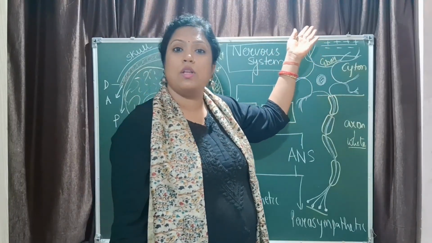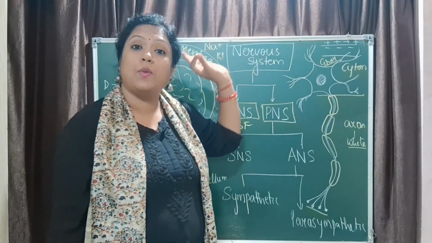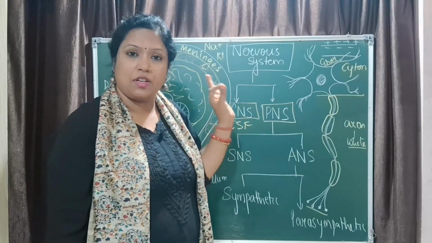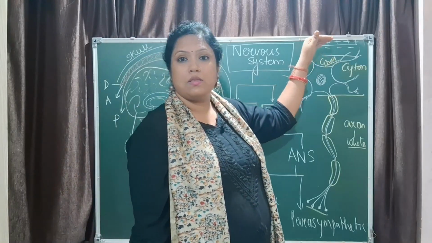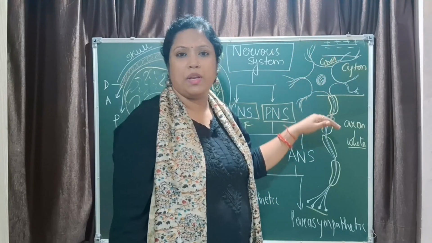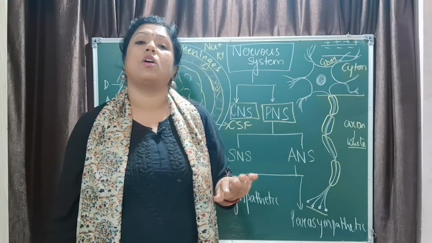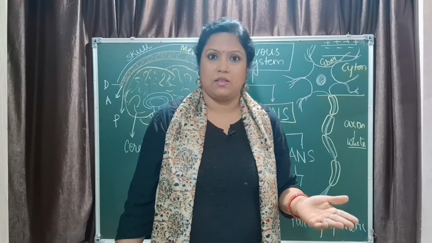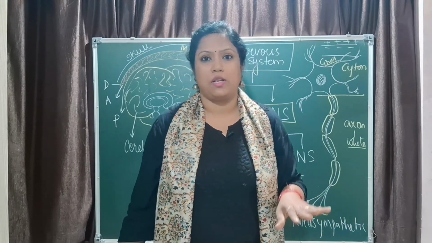This is called the sodium potassium pump, and it requires ATP. It's an active transport. When this exchange has taken place, the polarity of the membrane changes, and this is called the excited state or action potential.